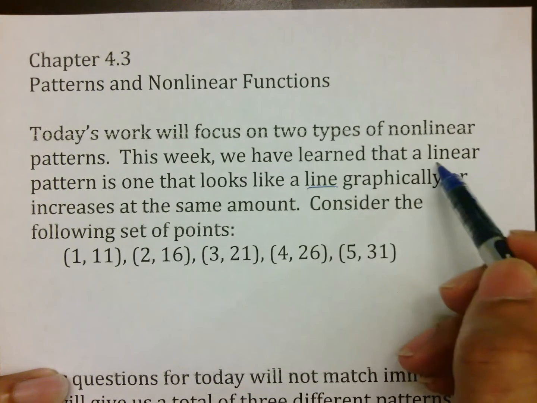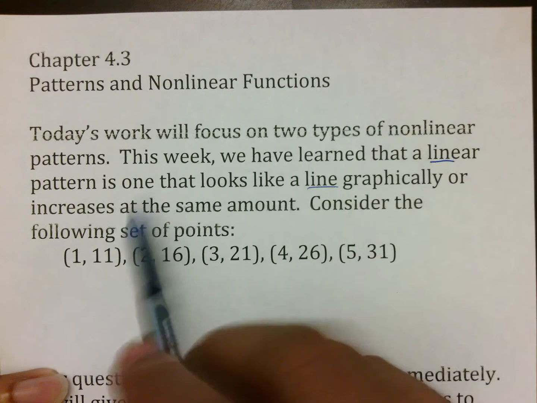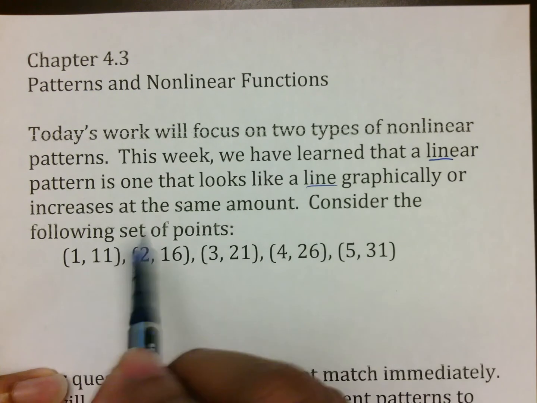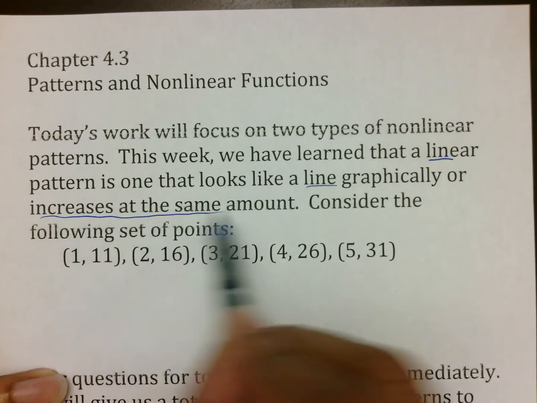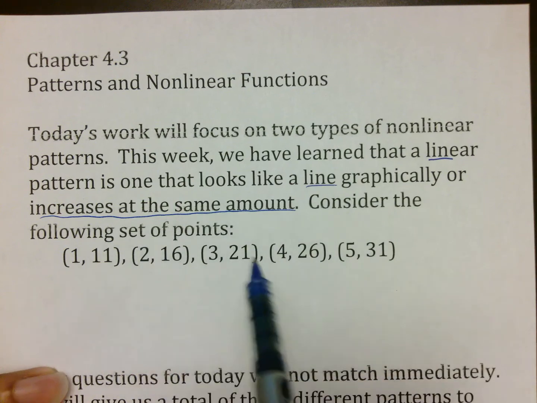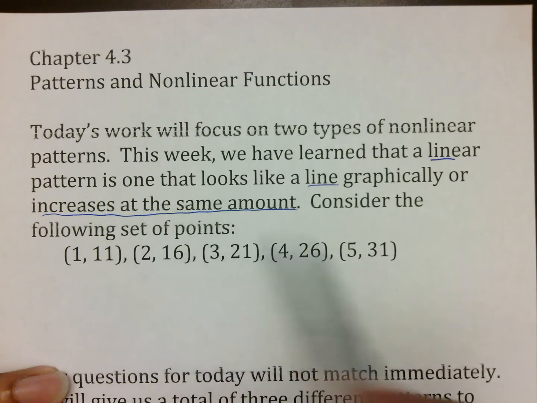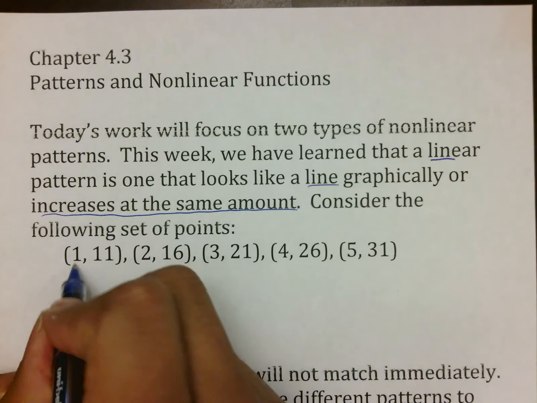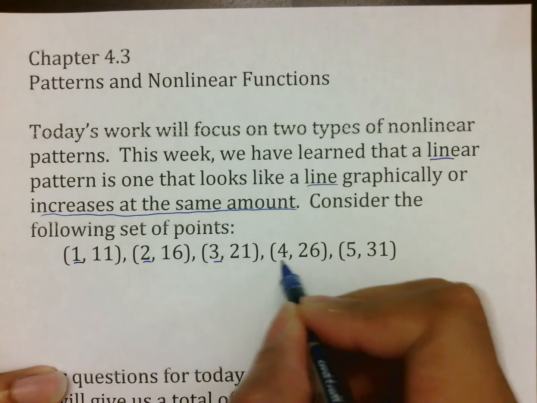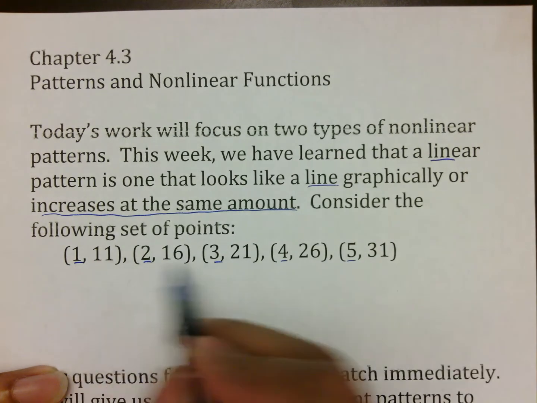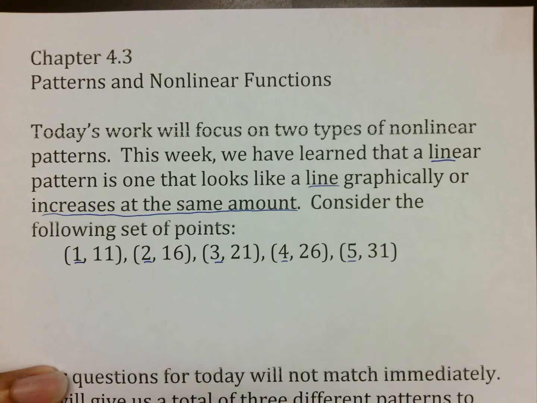So again, linear, L-I-N-E. A linear pattern is one that looks like a line, or the main thing we have is that it increases at the same amount. The ones that we saw in yesterday's work increase the same amount all the time. Looking at this following set of points, our first thing is to make sure that our independent variable, x, is moving up one at a time.